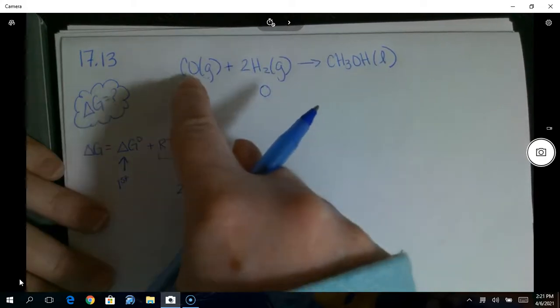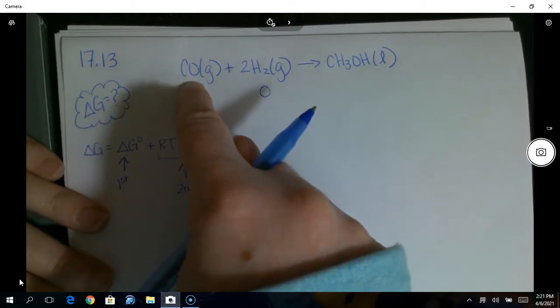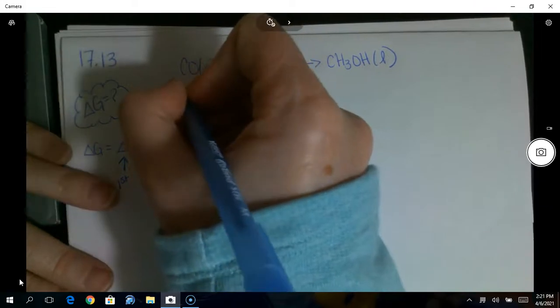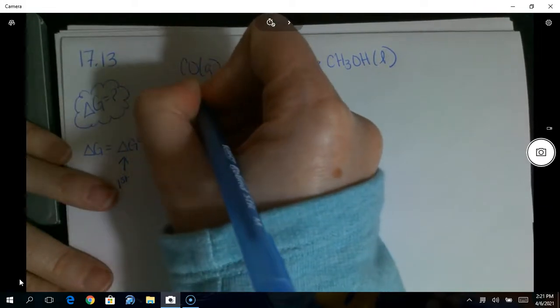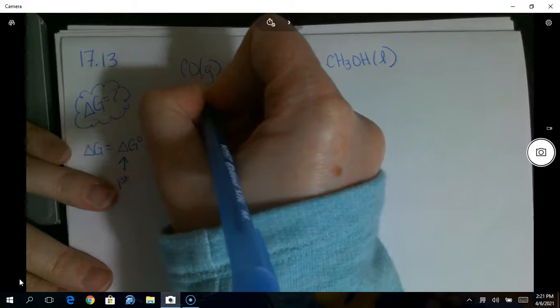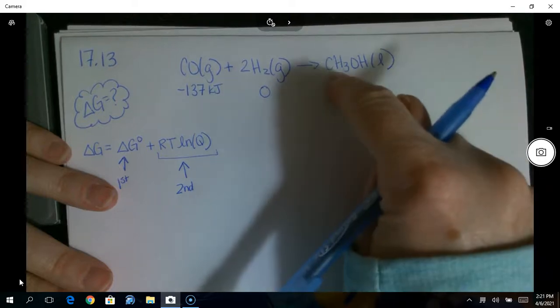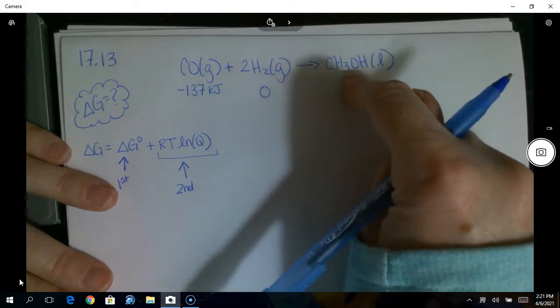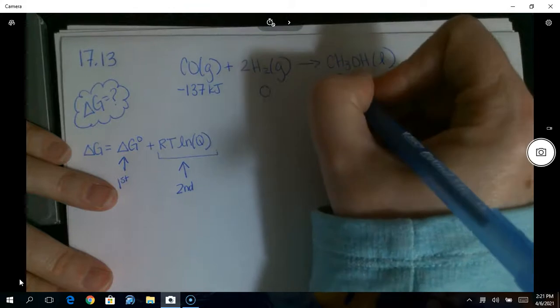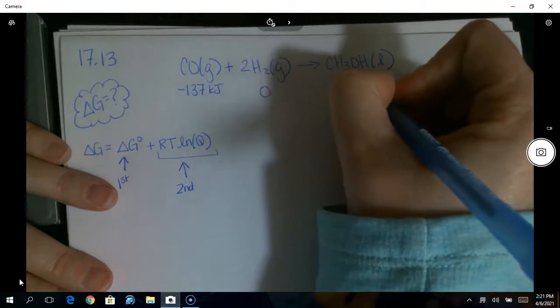The energy of formation of carbon monoxide as a gas is negative 173 kilojoules. The energy of formation of CH3OH as a liquid is negative 166 kilojoules.